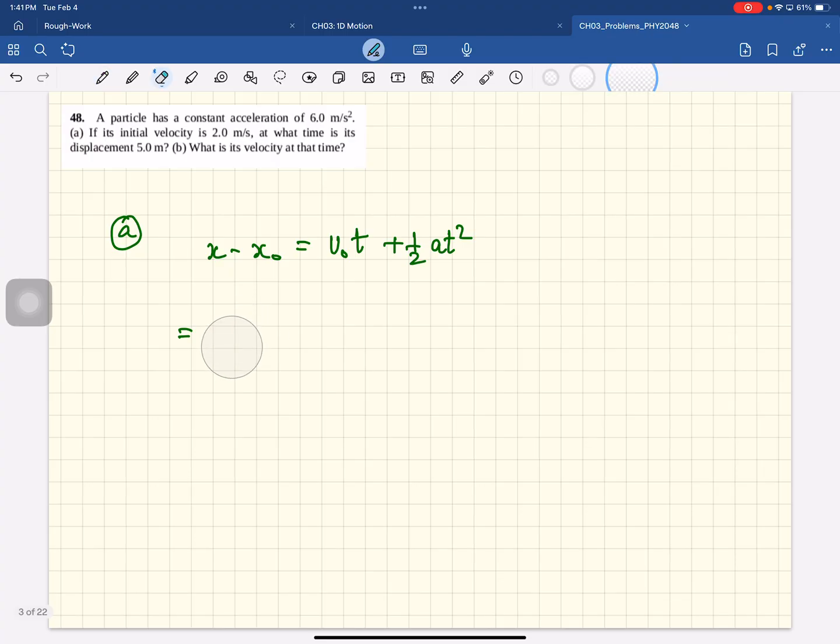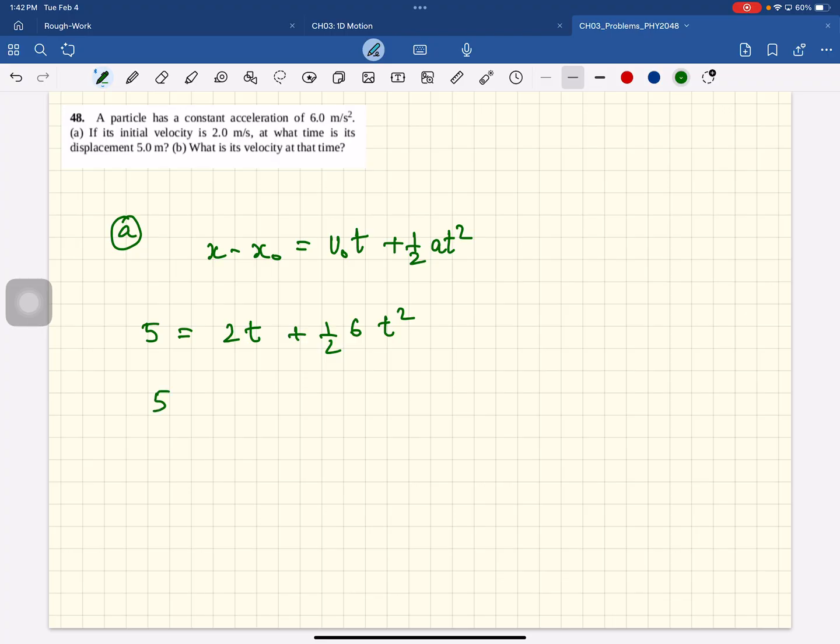So again, I'm going to not write units because it'll get messy. Plus 1/2 times 6 t squared. So now this is a quadratic equation for time, and you have to solve that. Okay.